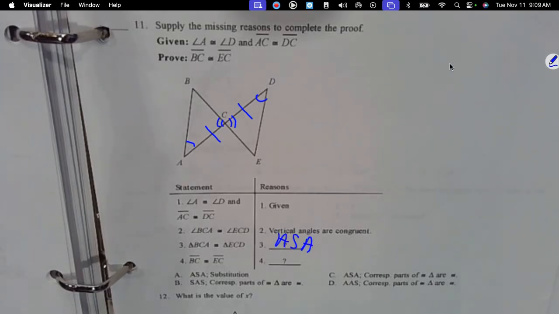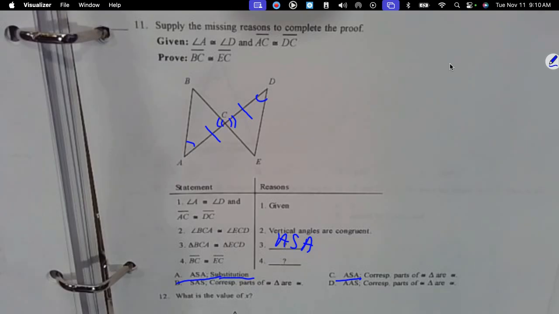So I have already eliminated 2 answers. So it's either A or C. I didn't need to cross that out. I meant to underline it. Okay, so it's either angle, side angle on A or C. Then if you know the triangles are congruent, what's it called when you know the pieces are? Which one is it? Substitution or corresponding parts of congruent triangles are congruent?